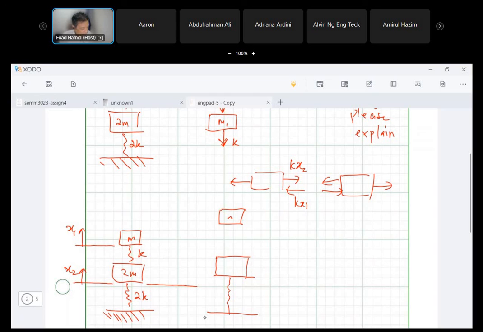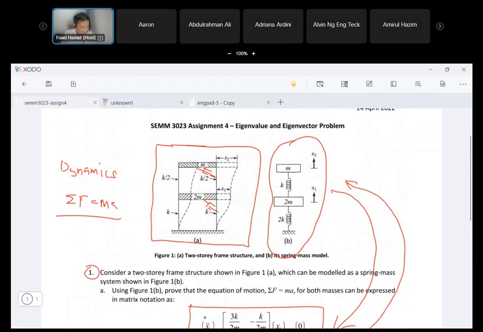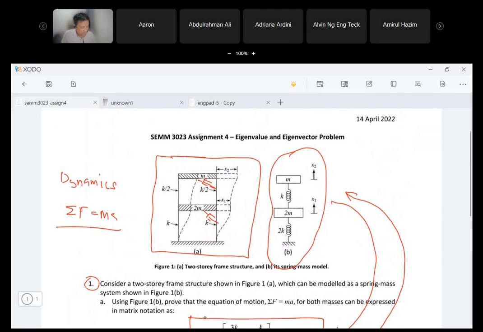This is my new position. Note that now this is my X1 and it is moving upward. Sorry, this is X2. Let me look at the question.